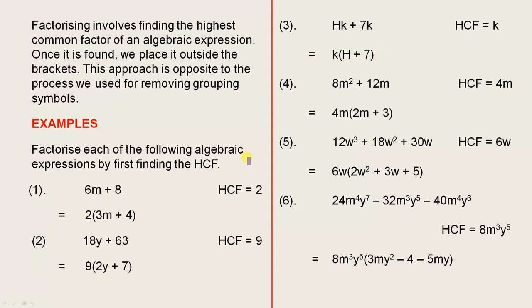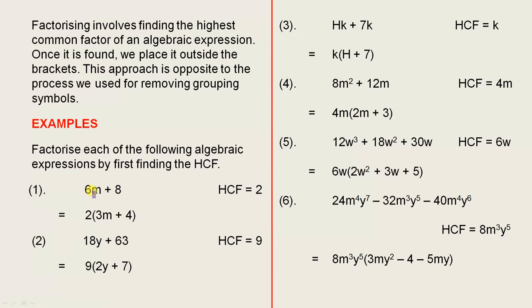Factorise each of the following algebraic expressions by first finding the HCF. Now the HCF is the highest common factor, and it is the highest term that will divide into two or more terms. So let's have a look how we factorise 6m plus 8.